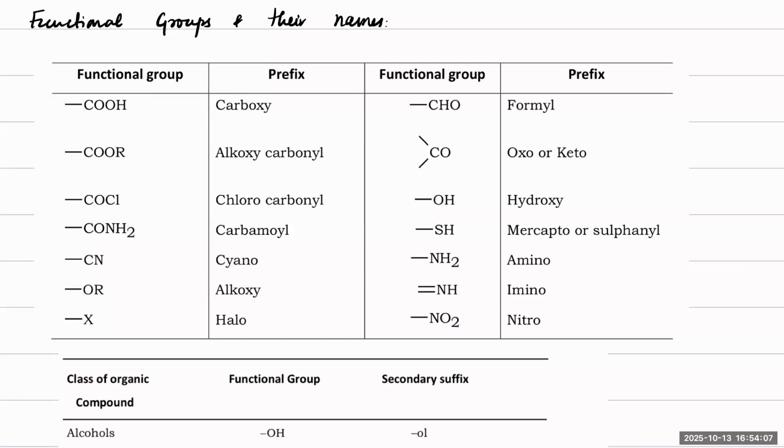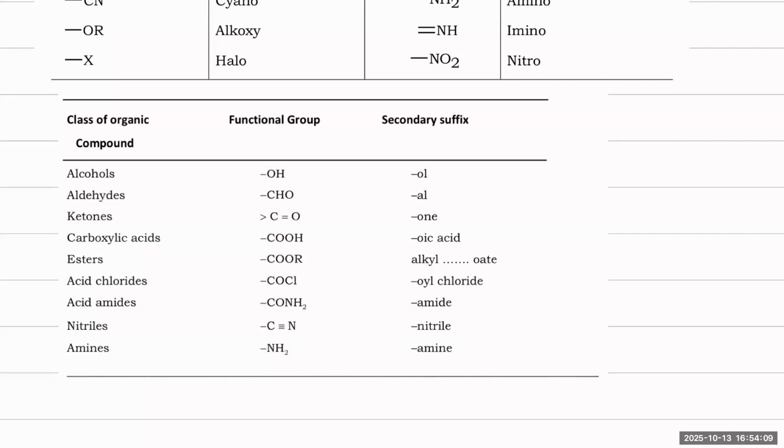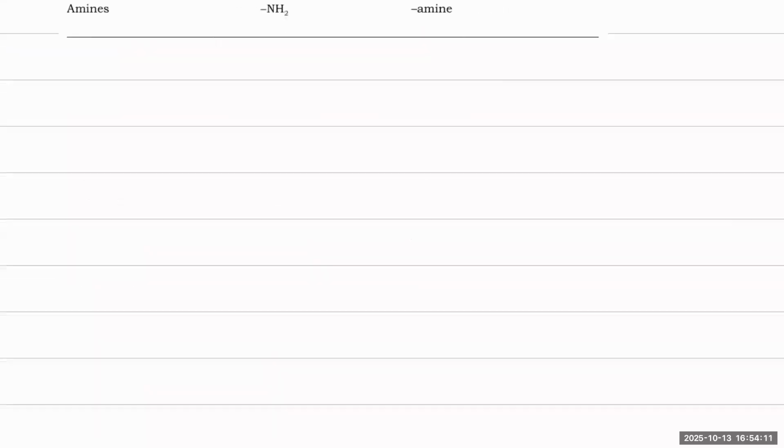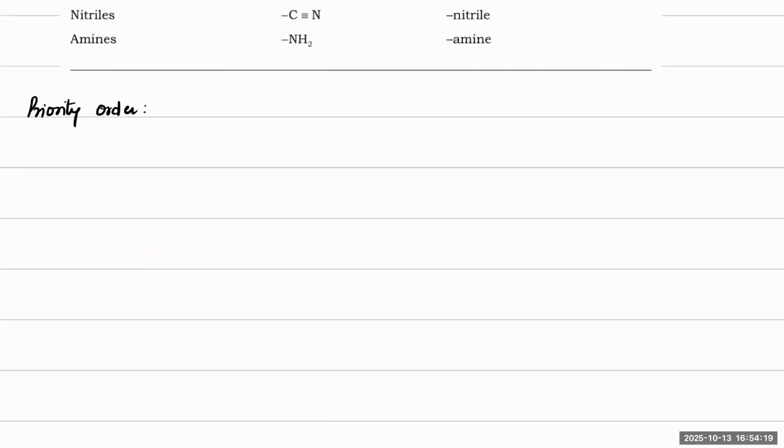Clear? So let me put down the priority order again. Priority-wise, acids will be first, then comes sulfonic acid. By chance, if sulfonic acid is given, then comes esters.